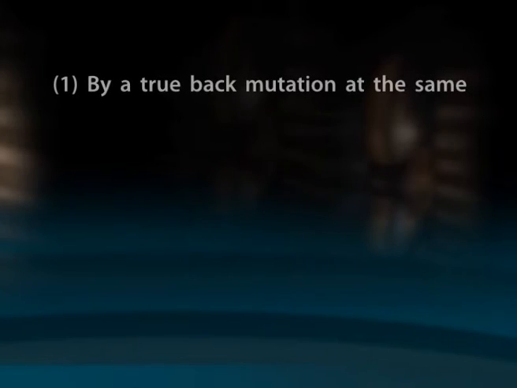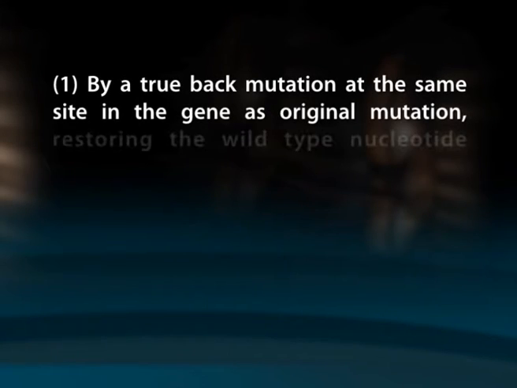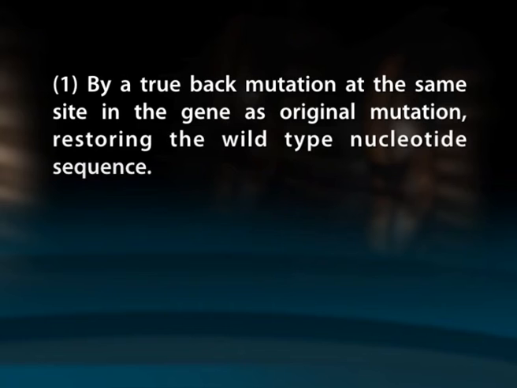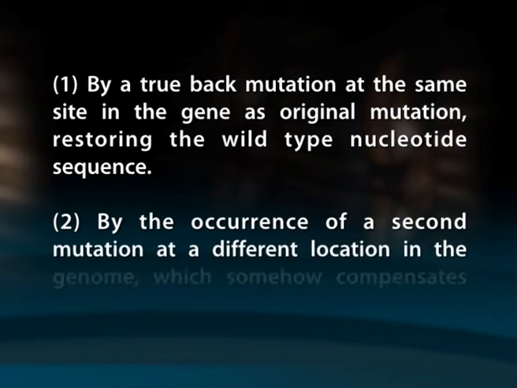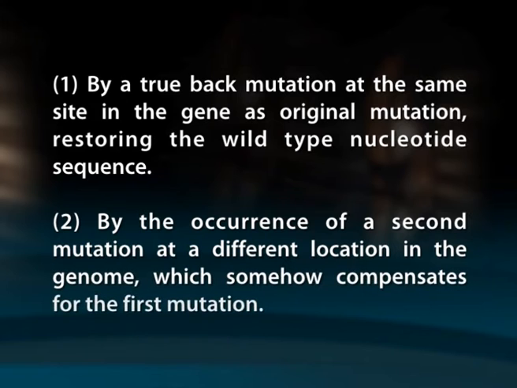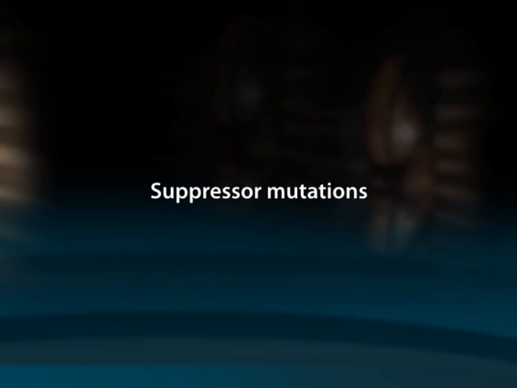Back mutation may occur in two different ways: restoration of the original phenotype may occur by a true back mutation at the same site in the gene as the original mutation, restoring the wild type nucleotide sequence, or by the occurrence of a second mutation at a different location in the genome which somehow compensates for the first mutation. Mutations of the latter kind are called suppressor mutations.